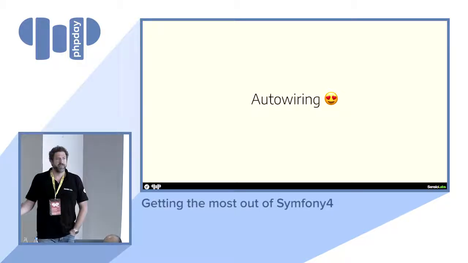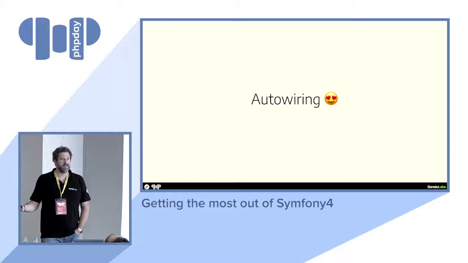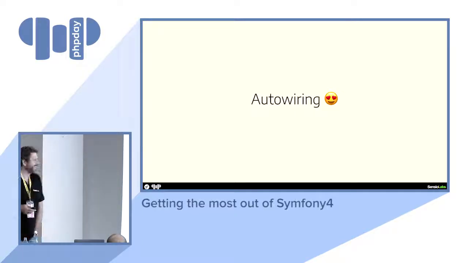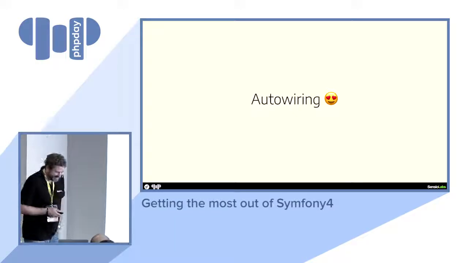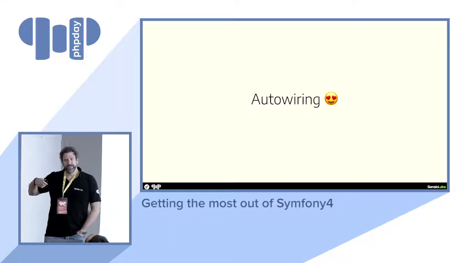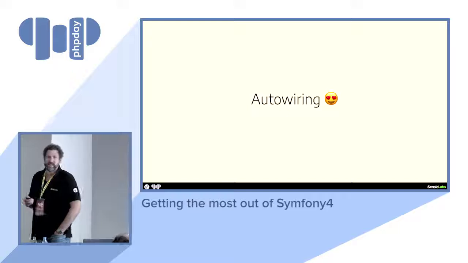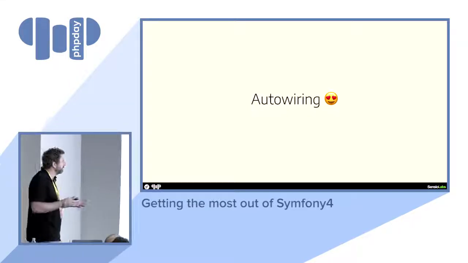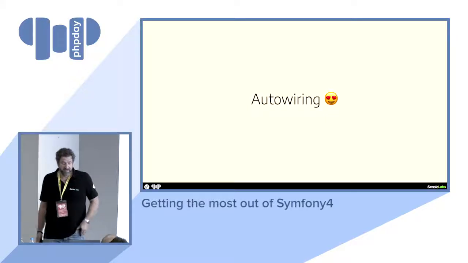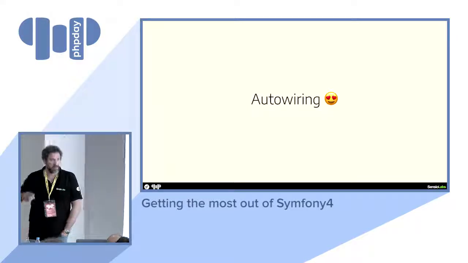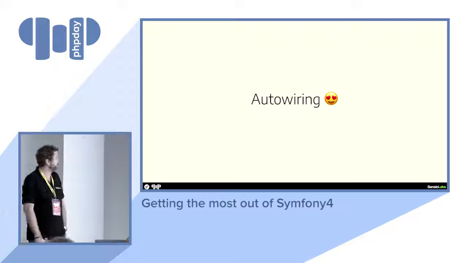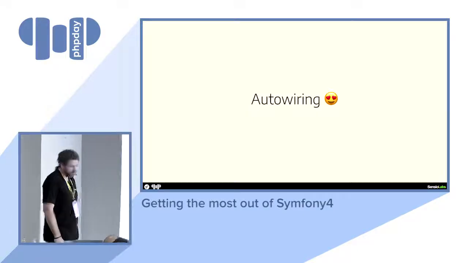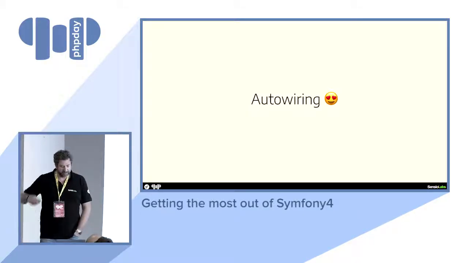Who uses a framework that already had autowiring? No names? Okay, good. Symfony introduced autowiring in 3.3, but it only came to being full-featured, I think, in 3.4 and 4, because there were a couple of features that were only added there, and not many people are actually using it from my experience so far.